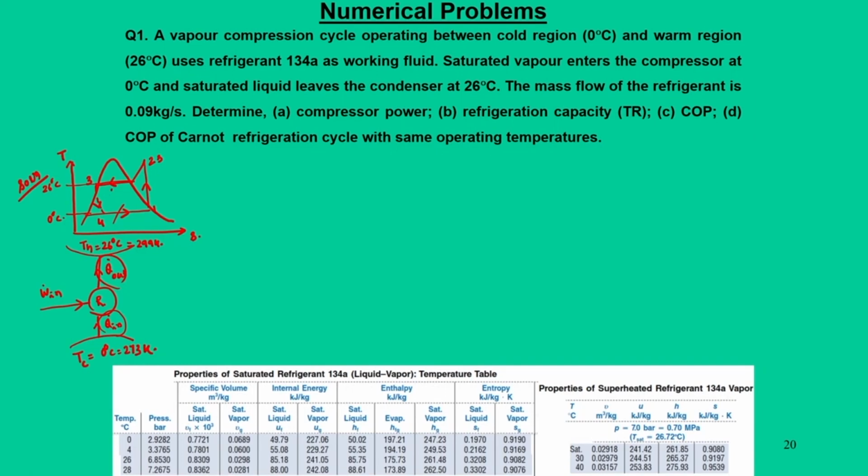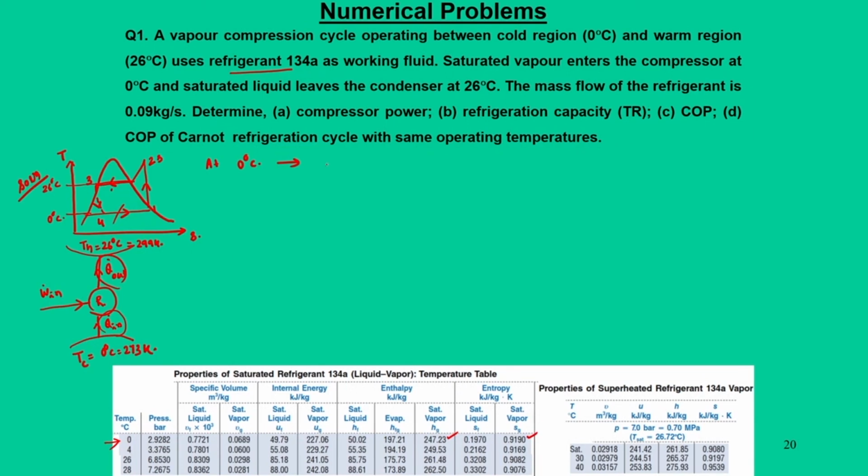Now, to solve the problem you have to use this property table. First, how to use the property table. At 0 degree centigrade, for this refrigerant 134A, we can evaluate. Point 1 is saturated vapor, so we require the enthalpy and entropy values, Hg and Sg.